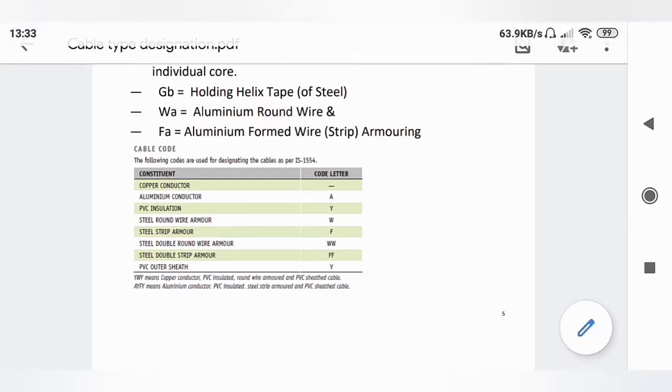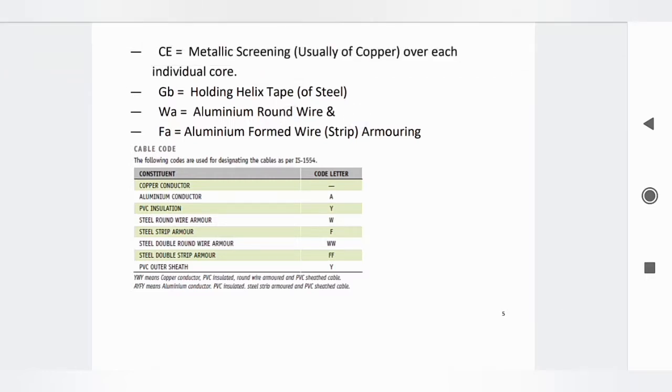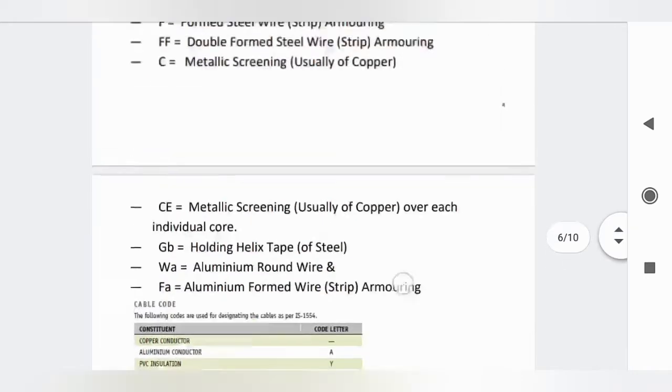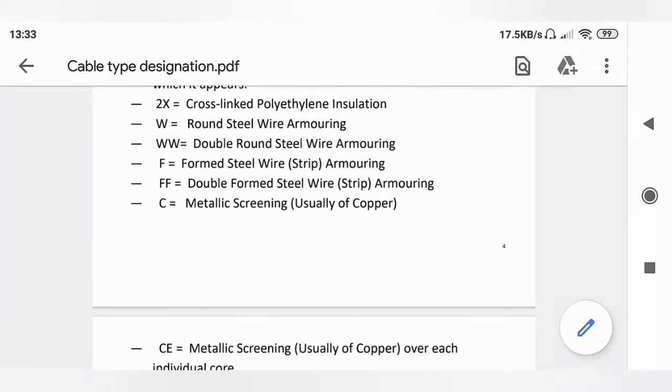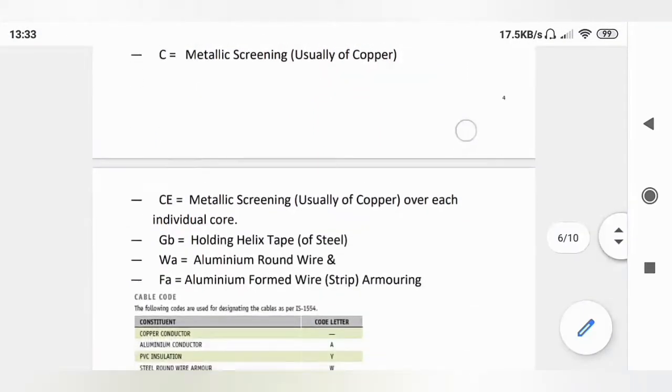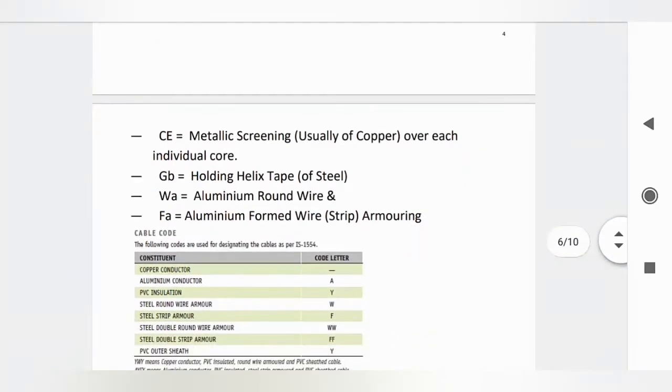Then the code is WA, which is aluminum round wire. Previously we have seen steel round wire, which was W, but if it's WA, then it means aluminum round wire.